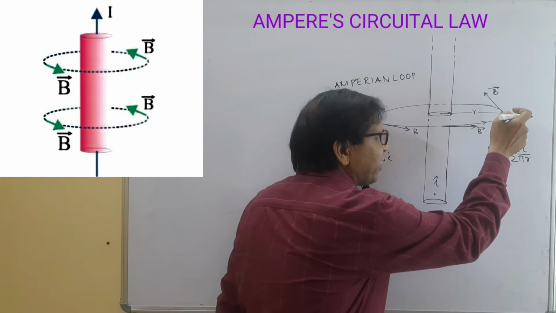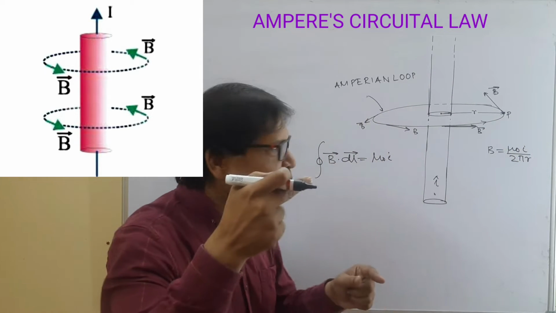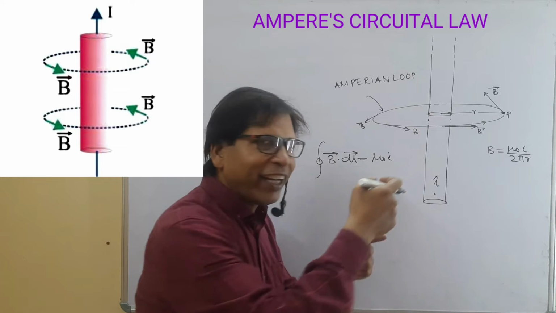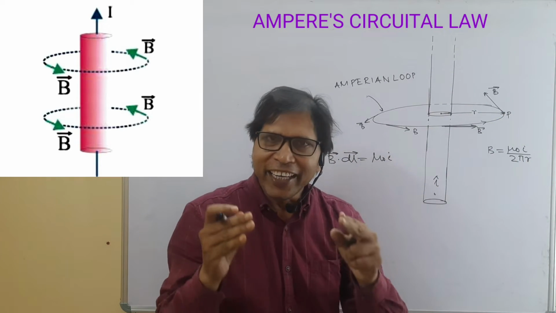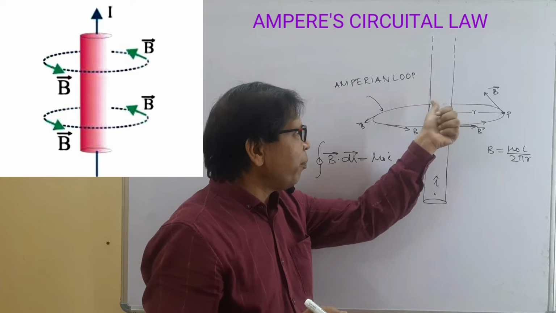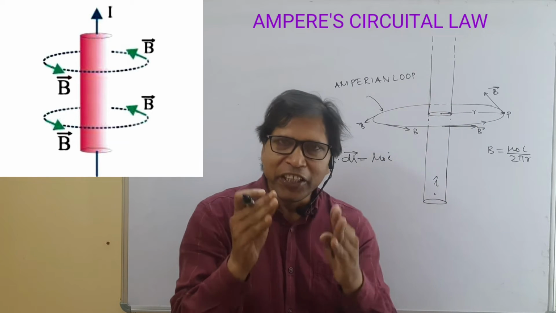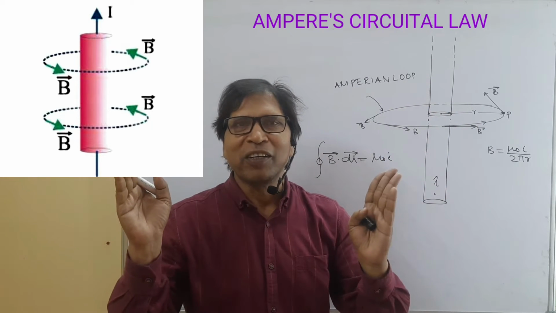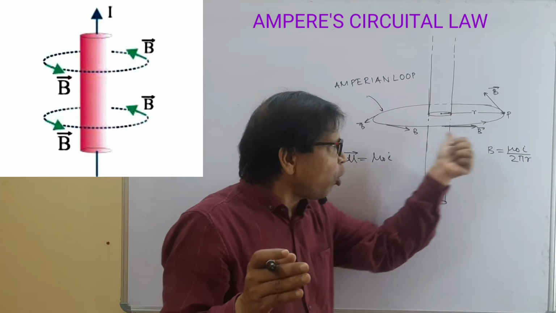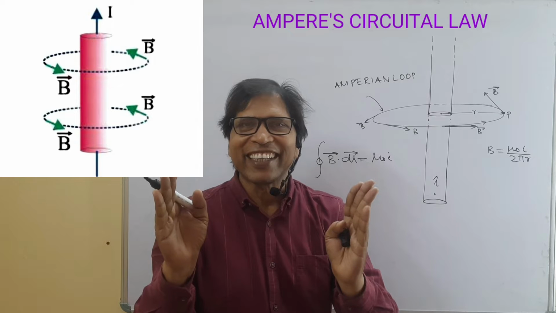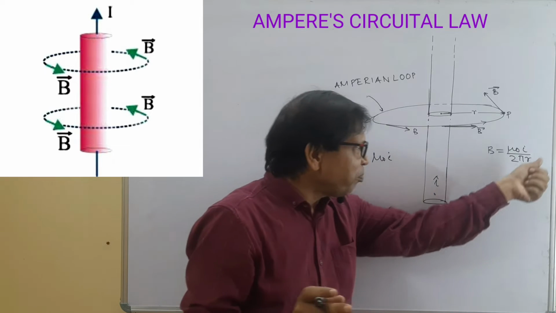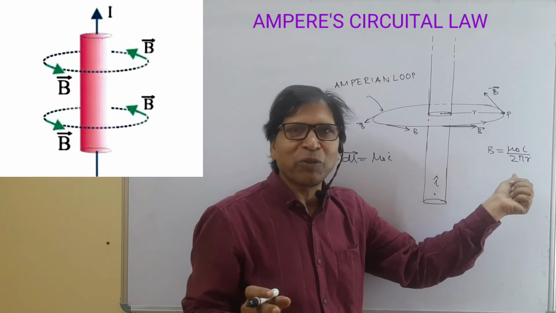At this point, the magnetic field vector is tangent to the circular loop, and at every point the magnetic field is tangent to the circular loop. So at any point of the loop, B vector is parallel to dl vector. Okay, and B is uniform in magnitude.